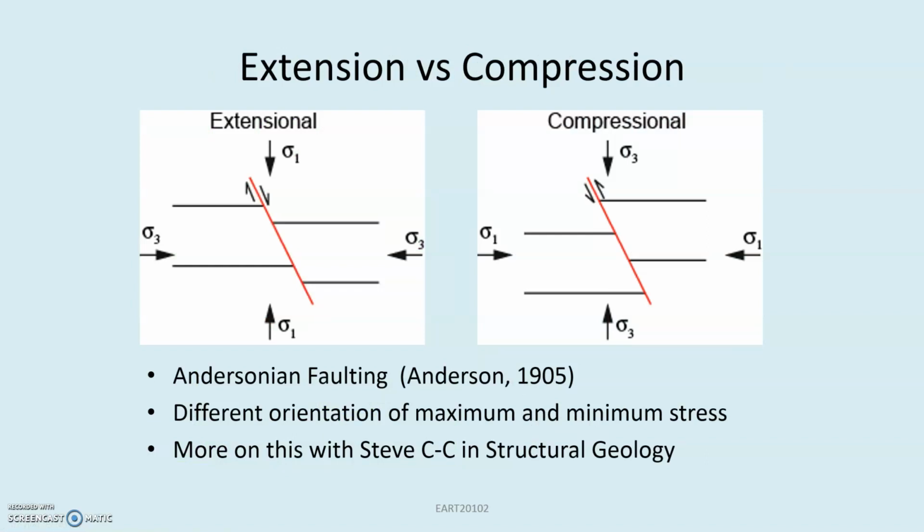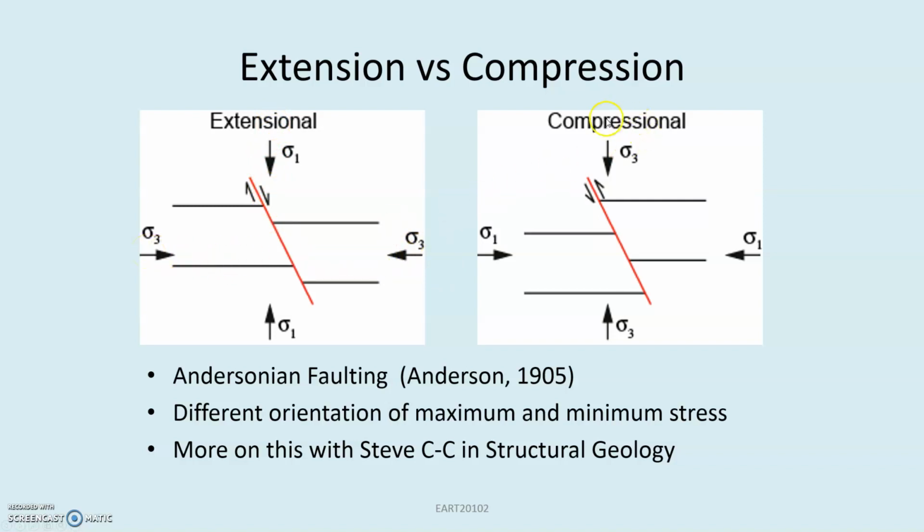Now, the strength of the crust is also dependent on the orientation of the principal stresses. Anderson in 1905 worked out that because the Earth's surface was a free surface, one of the three principal stresses had to be vertical. In the extensional tectonic regime, the maximum principal stress is vertical and the minimum principal stress is horizontal.